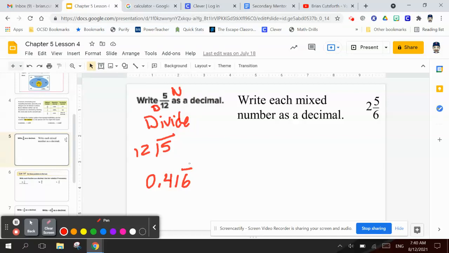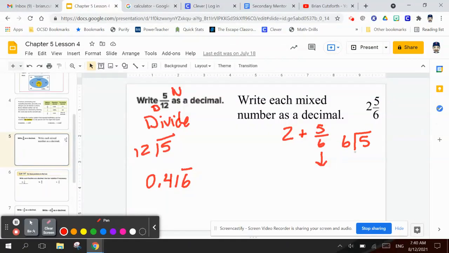When I write a mixed number, such as 2 and 5/6, 2 and 5/6 is the same as 2 whole pizzas plus 5 sixths of another. So what we want to do is find the decimal for the fraction 5/6. Again, I take my 5 and divide that by 6.